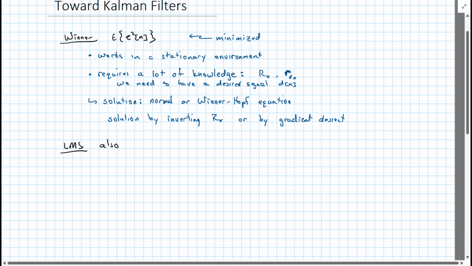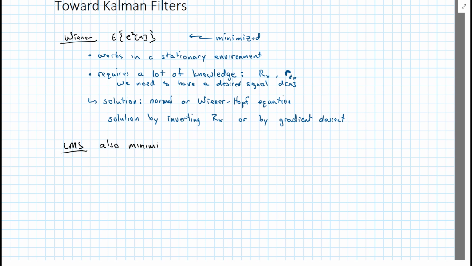Next was the Wiener or the LMS filter, which also minimizes the expected value of e squared of n, but built into it and fundamental to the solution is that it uses gradient descent.